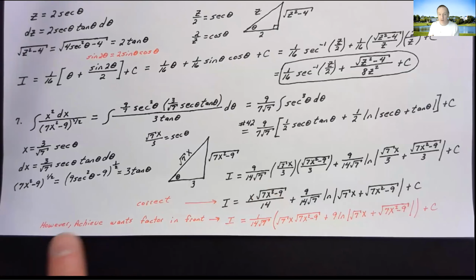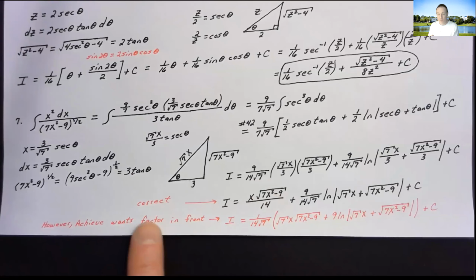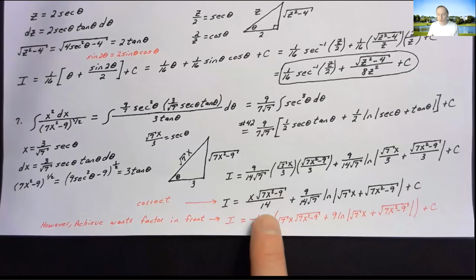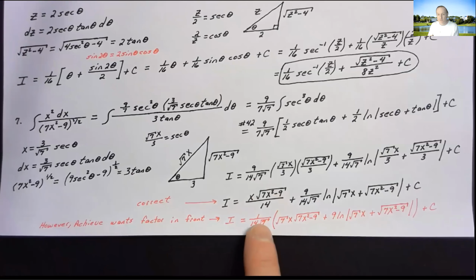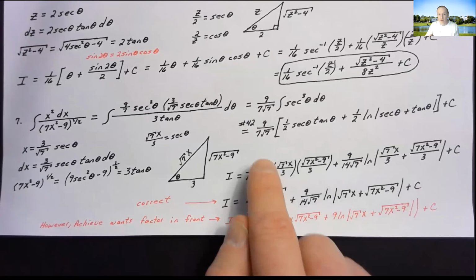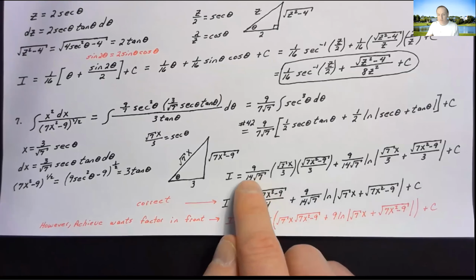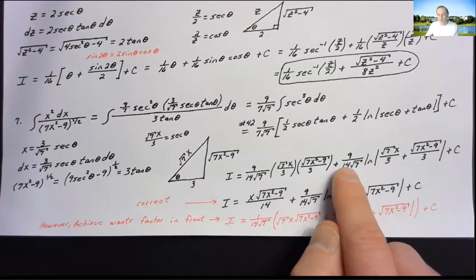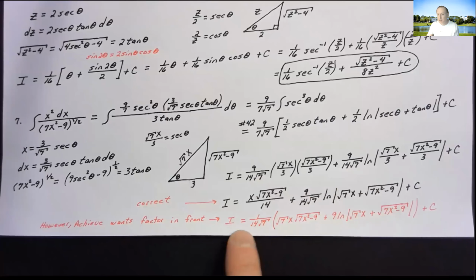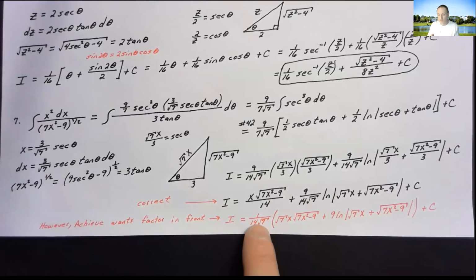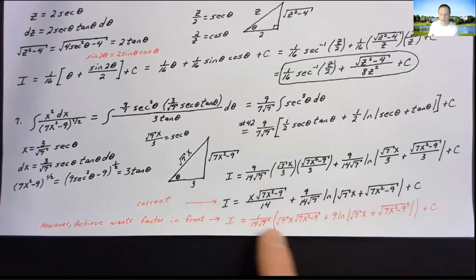So I put, however, Achieve wants it with factors in front. So it's wanting you to factor out 1 over 14 root of 7. You can see the first term has a factor of 14 root of 7. The second term has a factor of 14 root of 7 in the denominator. So you could just factor out that 1 over 14 root of 7. Now, it really leads to a sloppier answer, but it's the answer that they want.